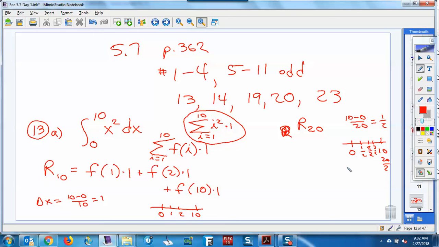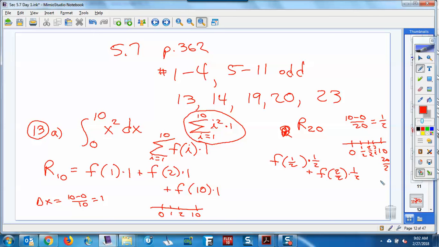And at this point, just write out a couple. So your first right is going to be f of 1 half times a half, plus f of 2 halves times a half. That's probably enough to see it.